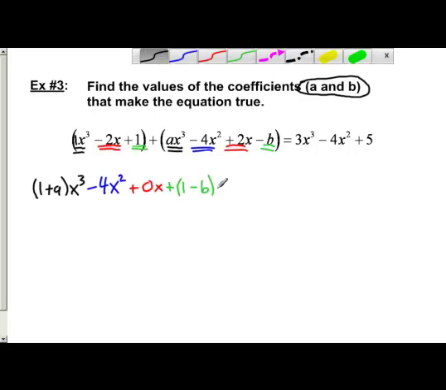And what I'm going to do is color code the other side similar to how we have it coded. Our x cubed term is black, so I'm going to write the x cubed term as black on the other side. And then the x squared term is blue, so minus 4x squared.